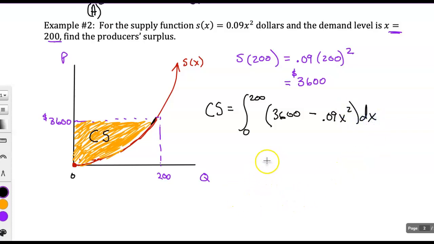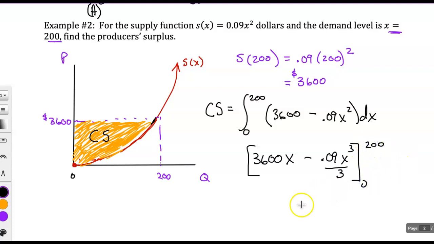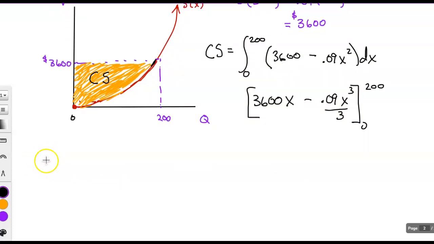Nothing to clean up here, so I can go ahead and take the integral. So this would be 3,600x minus 0.09x cubed over 3. No plus C, because this is a definite integral, and we're integrating from 0 to 200. So let's see, that would be 3,600 times 200 minus, this simplifies to 0.03 times 200 cubed.